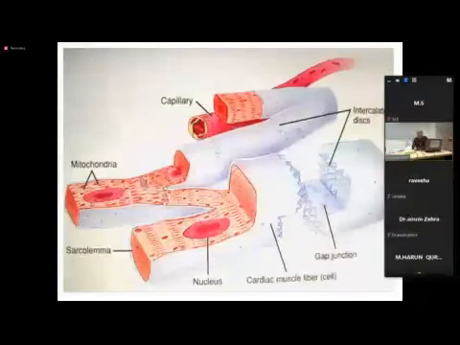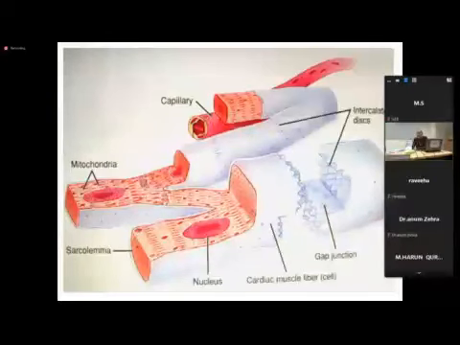Cardiac muscle itself is arranged in 3 layers. And I hope you know what we mean by layer: one after another. The outermost layer of the cardiac muscle is called the epicardium. The middle layer of the cardiac muscle is known as the myocardium.